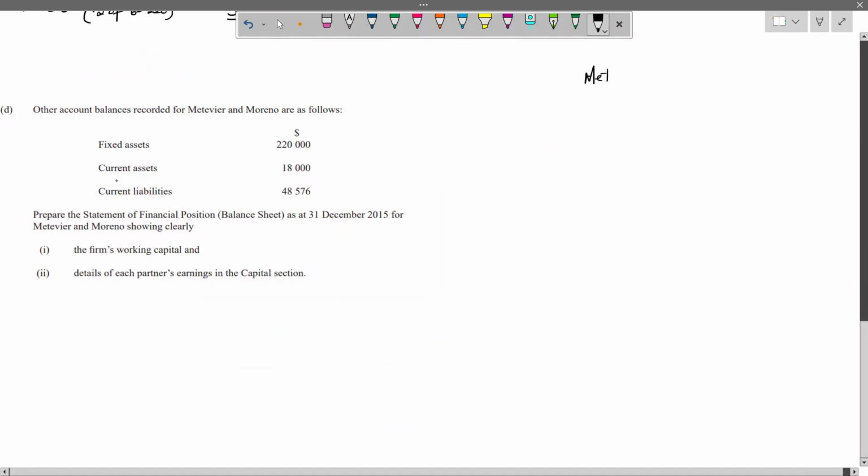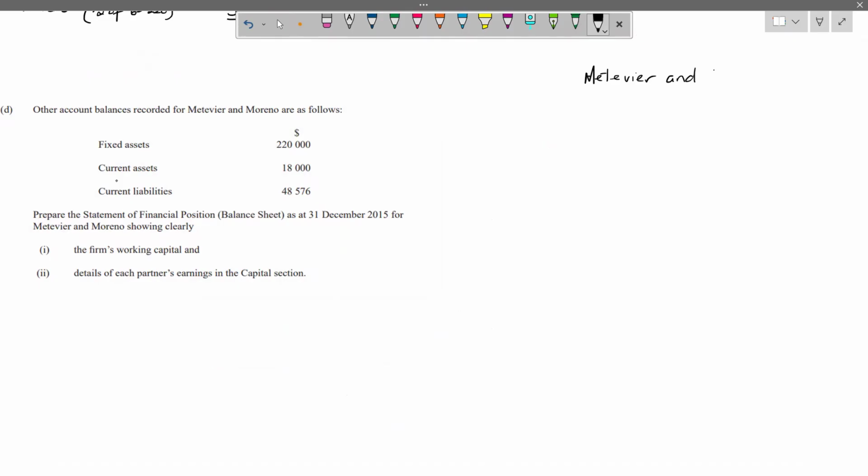So again, Mentive and Marino, they're doing a statement of financial position as at 31st of December 2015.